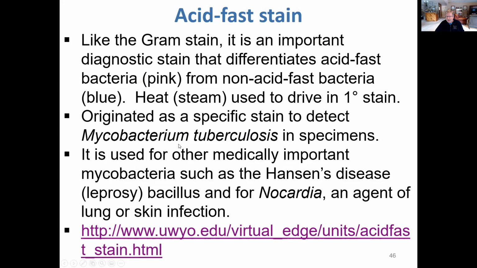Mycobacterium leprae, which causes this. Mycobacterium tuberculosis causes tuberculosis. And then this other genus called Nocardia. These are the primary pathogens that are identified by utilization of what's called the acid-fast stain. And there's a link there you can look at if you want.